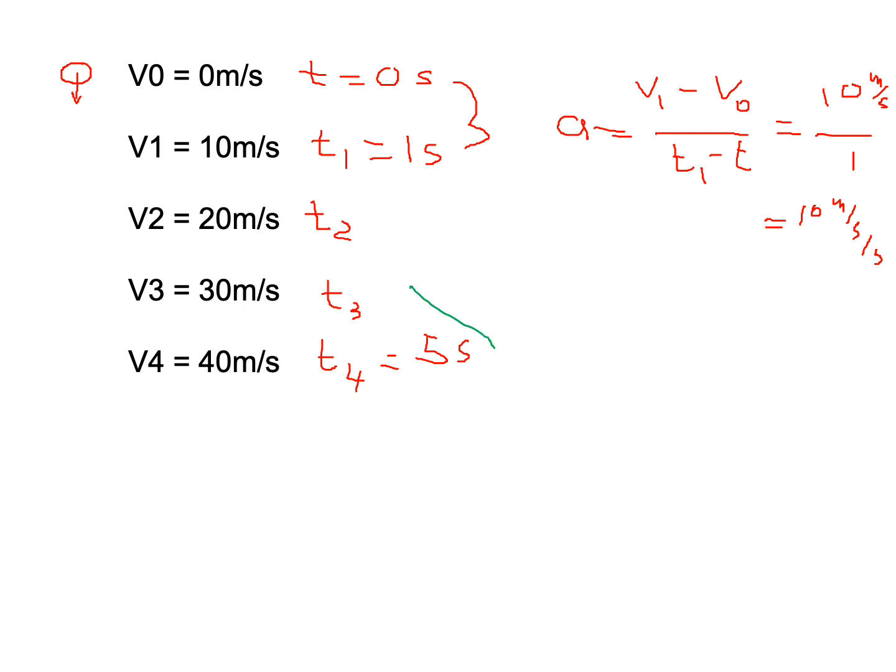Or if you consider these two cases, acceleration is the final velocity, which is 40, minus the velocity before that event, which is 30, divided by the time difference, which is 5 minus 3. I'm sorry, this is 4 seconds, so let me fix it.